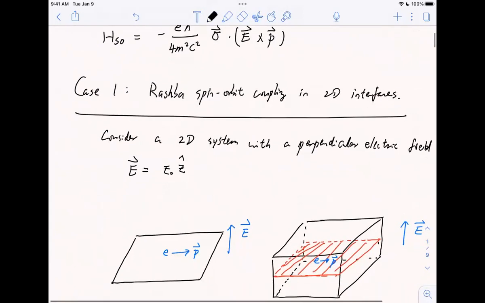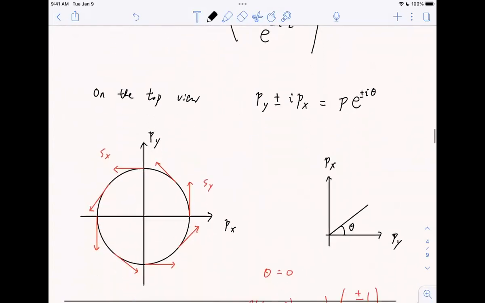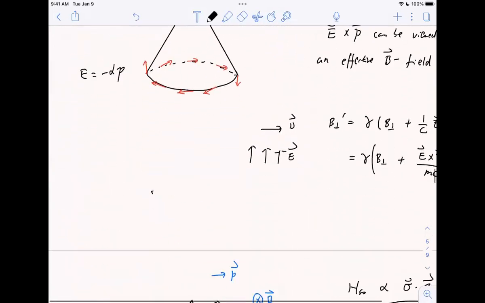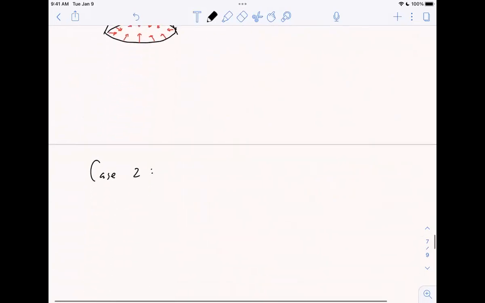Here case 2. Case 2 is for a centrally symmetric electric field. And this is the case for the atoms.